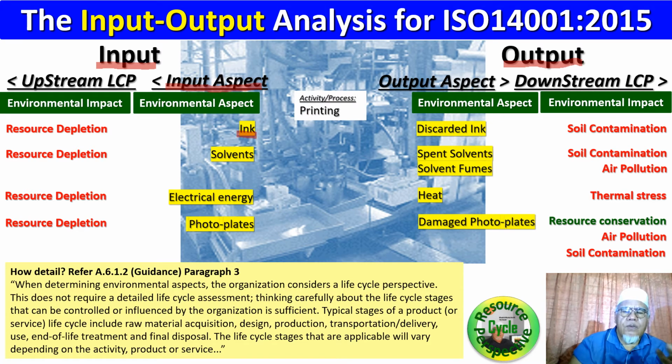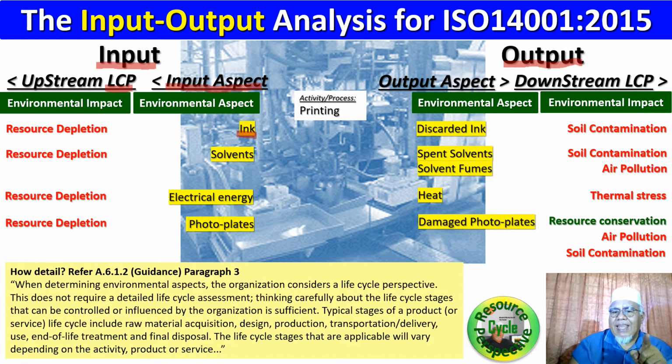Anything that interacts or can interact with the environment is an environmental aspect. In this case, ink is an environmental aspect. How? So we have to look at how it interacts. Where do we look at it? We have to look at it from its life cycle.